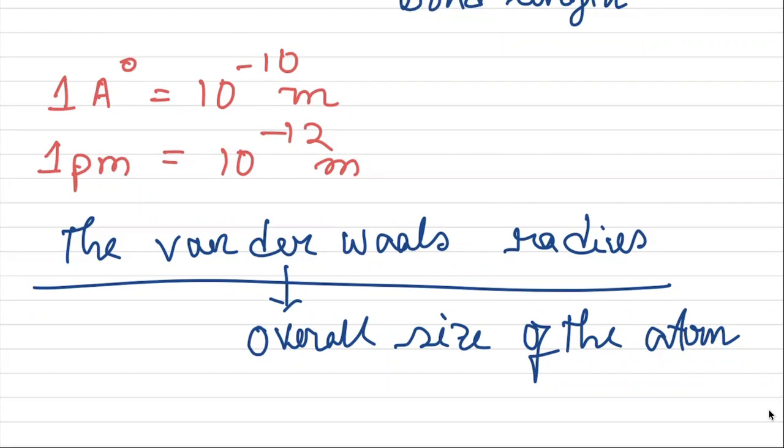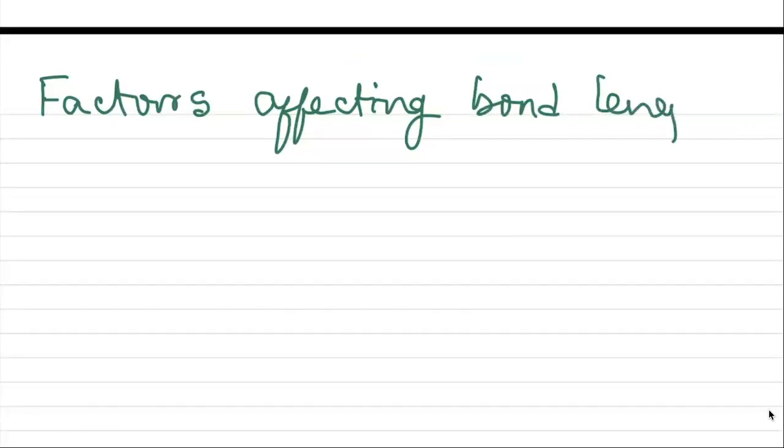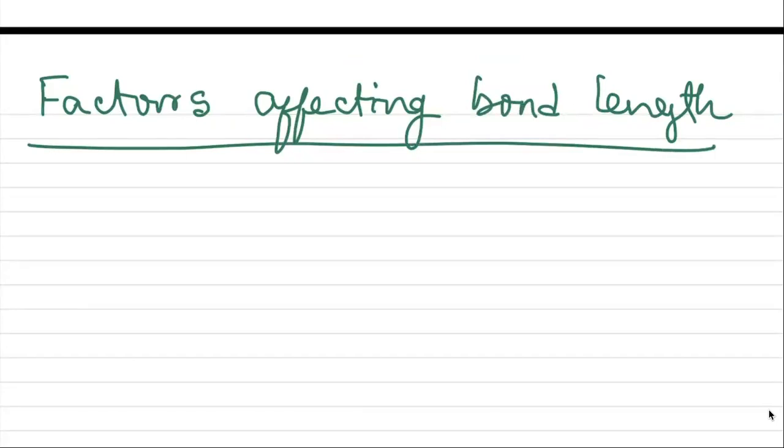Now, the next topic is factors affecting bond length. Number one is bond multiplicity.